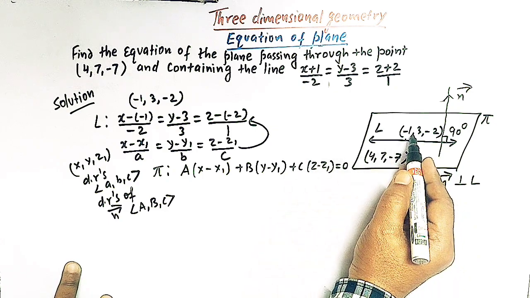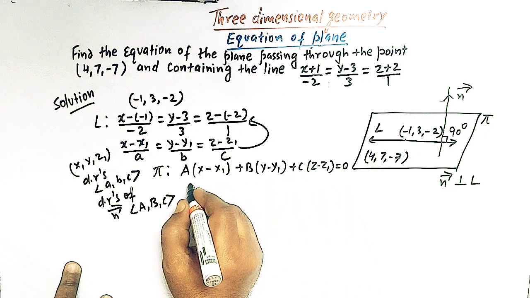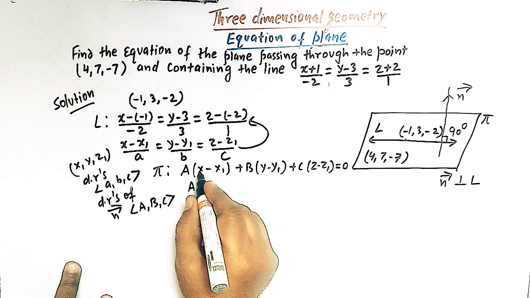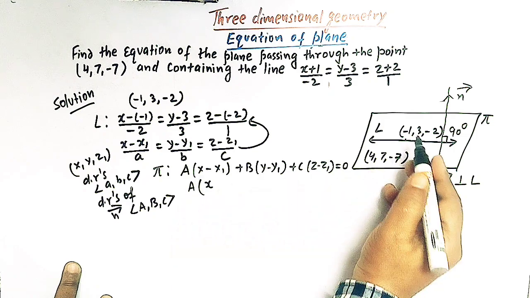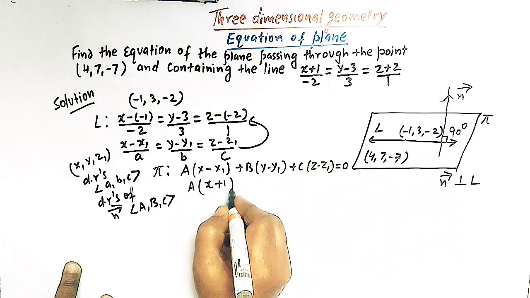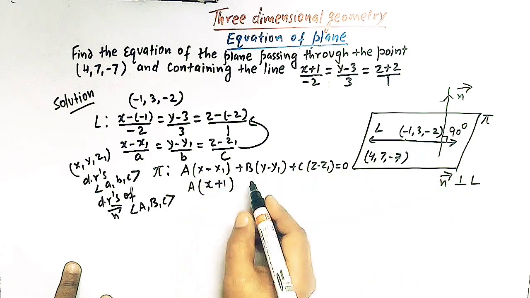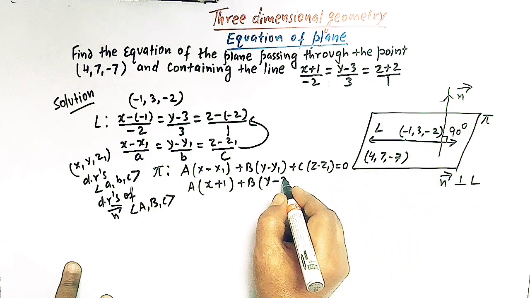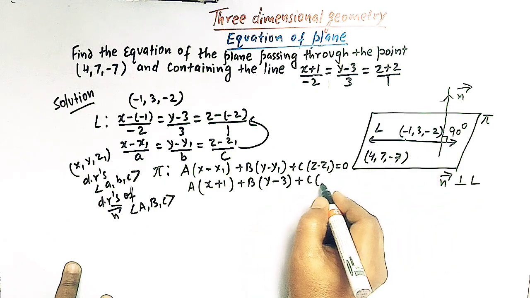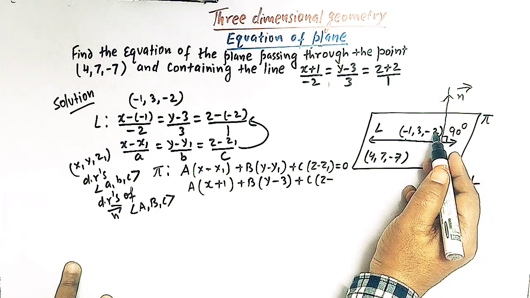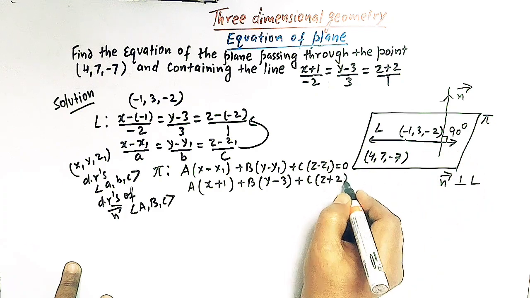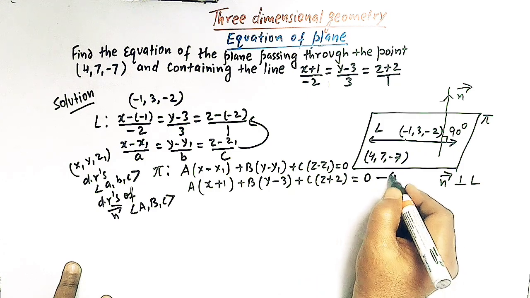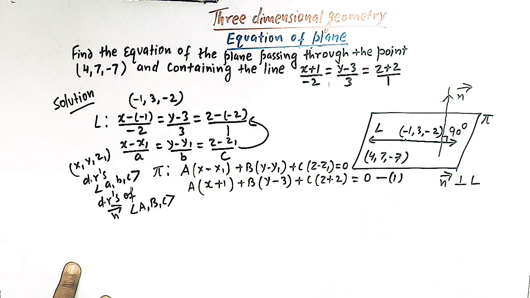Substituting this point in this equation, we can now write the equation of the plane pi as a times (x + 1), where x1 is -1, plus b times (y - 3), where y1 is 3, plus c times (z + 2), where z1 is -2, and this is equal to 0. Let us call this equation number 1.